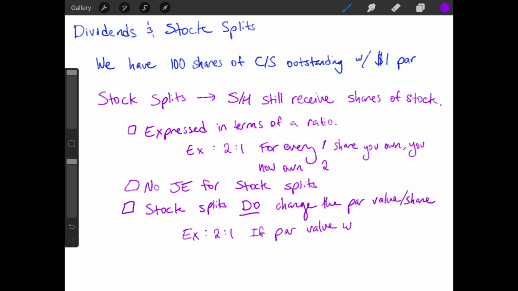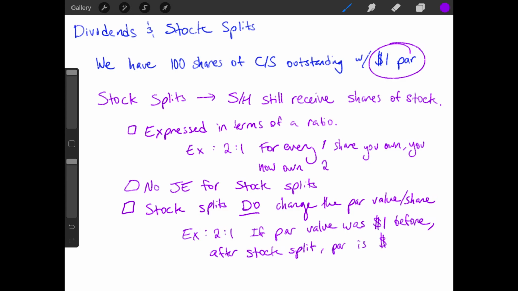If our original par value was $1, as originally stated in the question, then following this 2-for-1 stock split, our par value is going to be cut in half. So our new par value will be 50 cents a share. To get that new par value, we said, okay, it's $1 par, and we're going to multiply that by the inverse of that ratio. So we're going to multiply it by 1/2 to get that new 50 cent per share value.